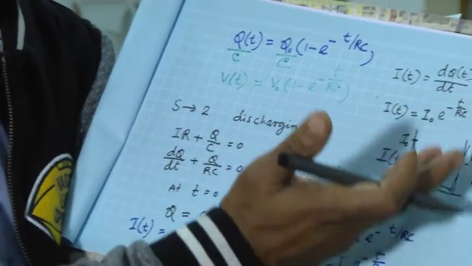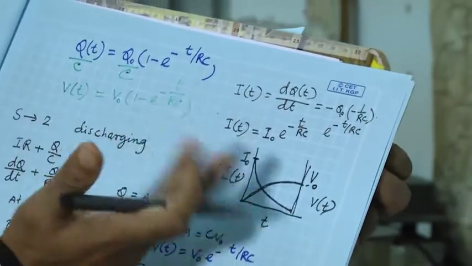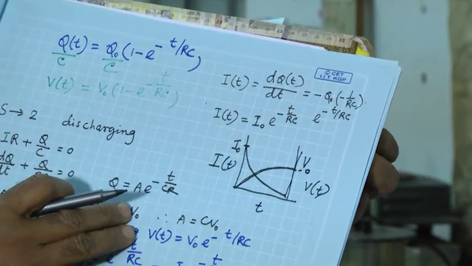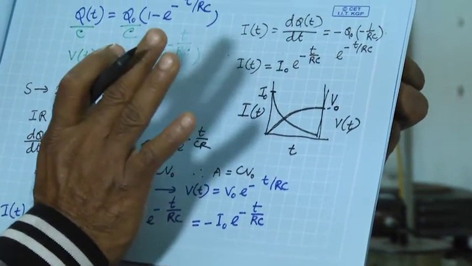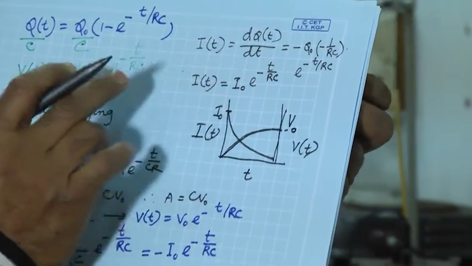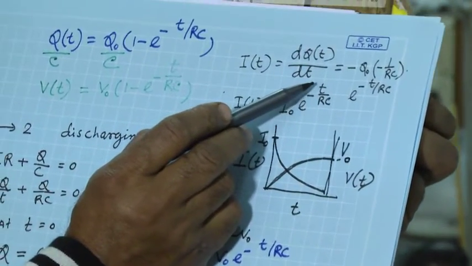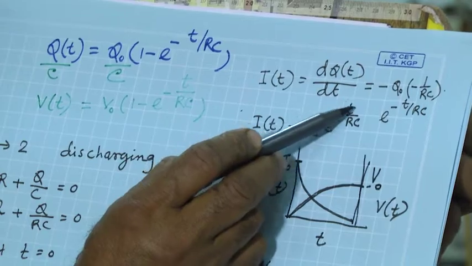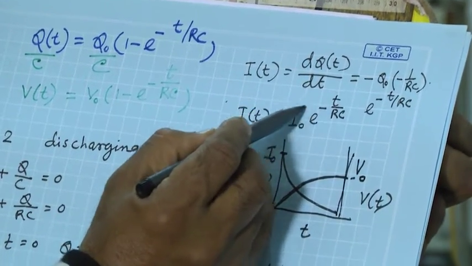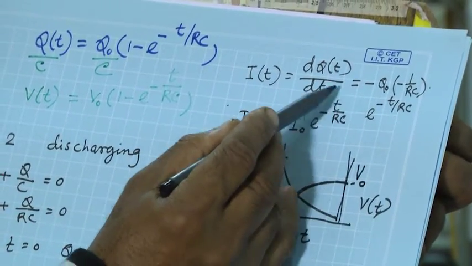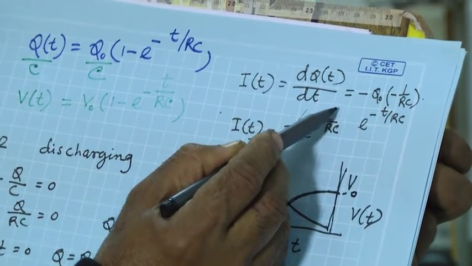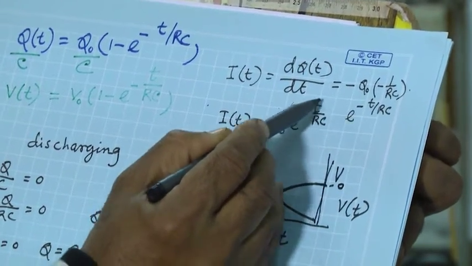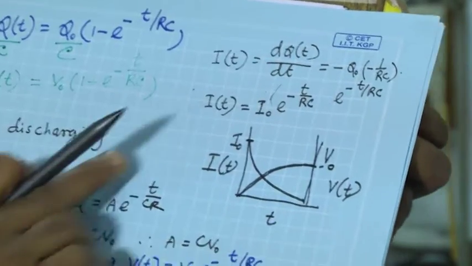by multiplying or dividing by C and R. Now, the interesting thing is that if t equal to RC, this factor t by RC is 1. So, this factor will be 1 by e.